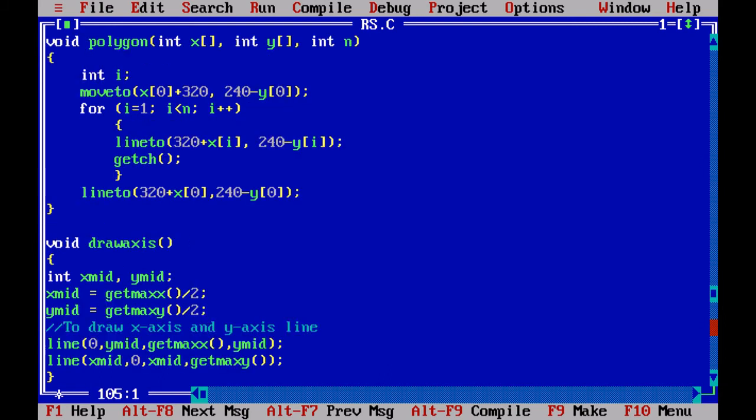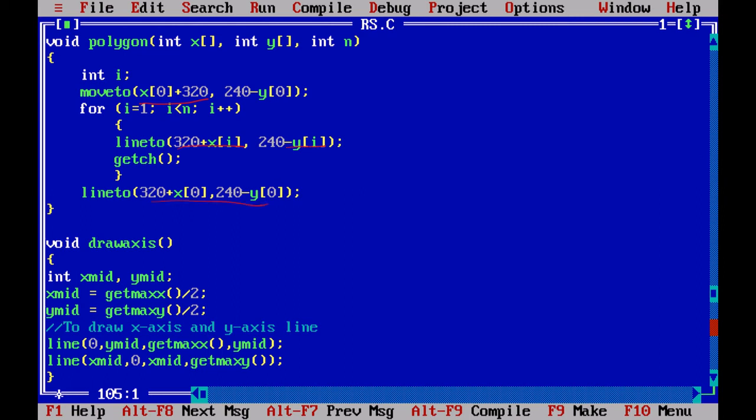Otherwise, we will exit. Here there is a small change in the polygon. Since we consider the origin to be 320, 240, whenever you want to draw a polygon, we do a small translation: x0 plus 320, and the y value is always 240 minus the y value. Here also I am applying the same.